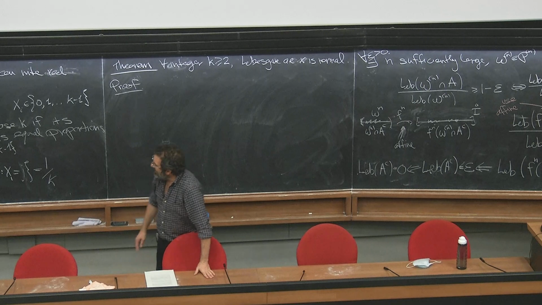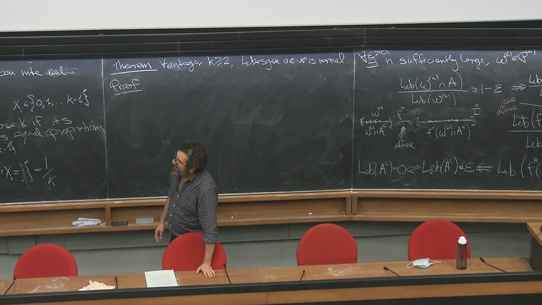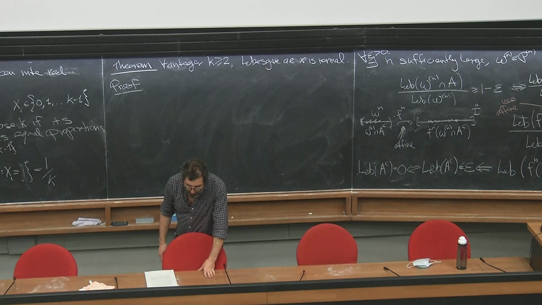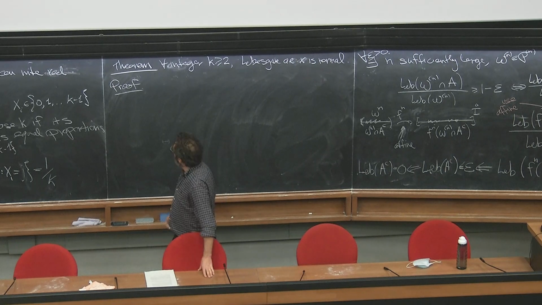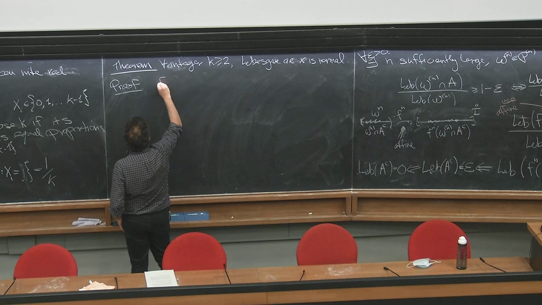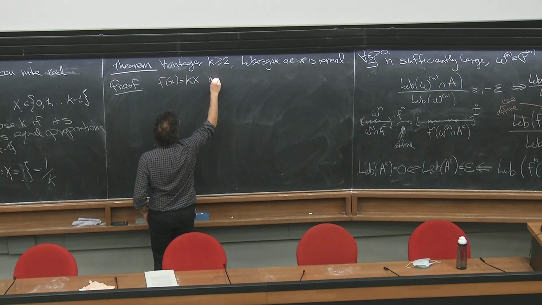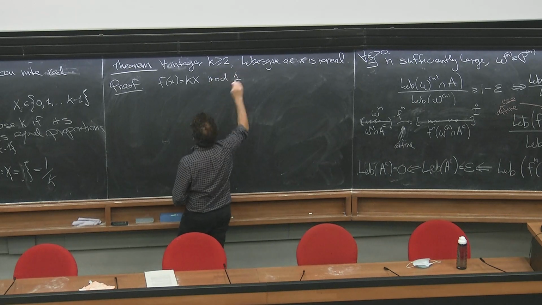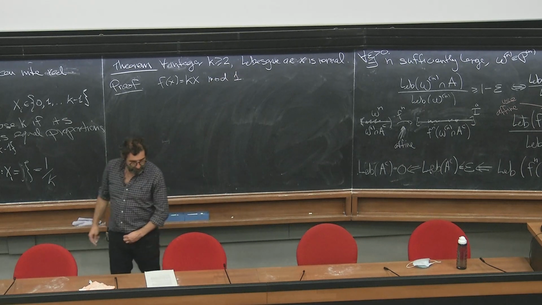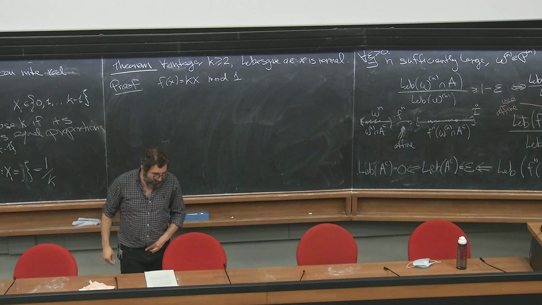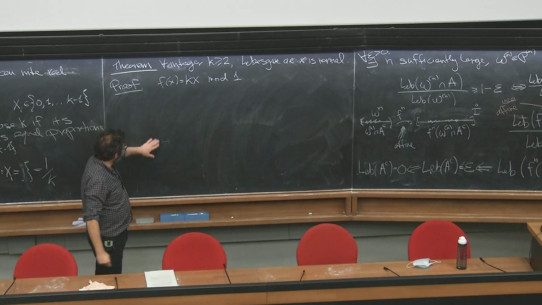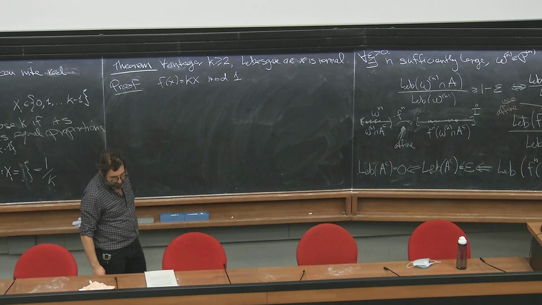Oh, I said kx mod 1. Yes, try to speak a little bit louder, please. So kx mod 1, you want to look at the map f of x equals kx mod 1. And what are we going to do with this map? Why is that? How is this going to tell us anything about the normal numbers?